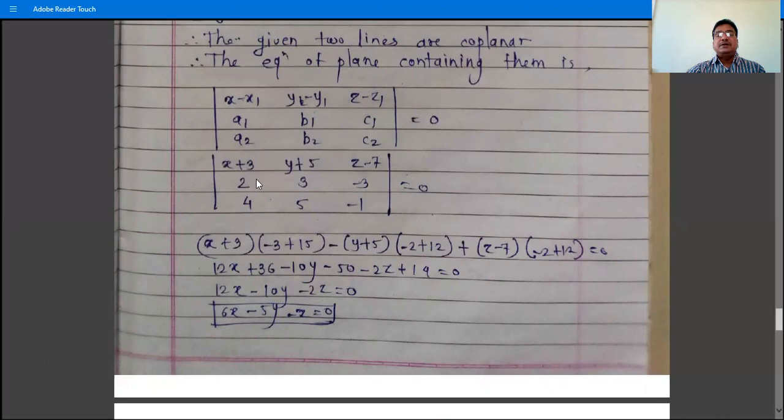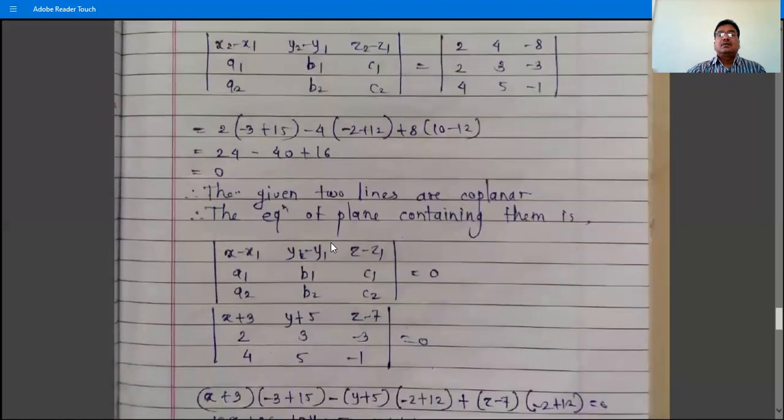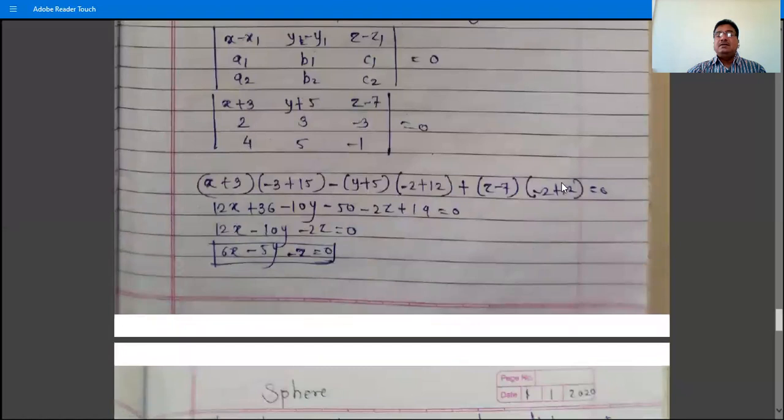The first is plus sign, then minus sign, plus sign. So minus y plus 5 in bracket minus 2 plus 12, then plus z minus 7 in bracket 10 minus 12.